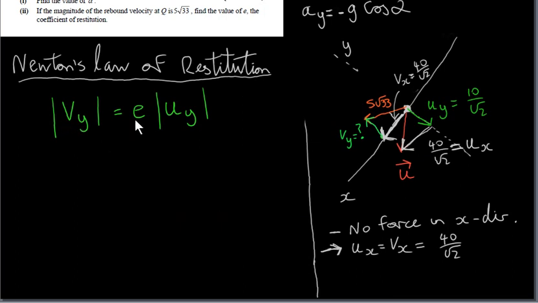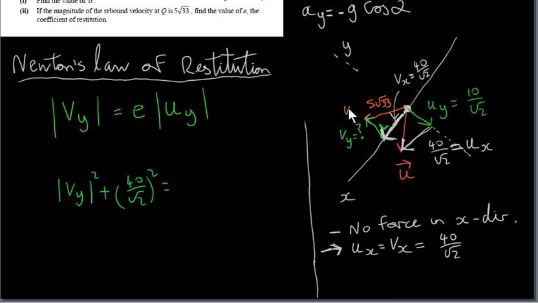So, how do we find E? Well, to find E, we need to find the magnitude of Vy, the magnitude of this vector here. Well, we have a right angle triangle here, and we can use Pythagoras' theorem to find the magnitude of Vy. We can see that the magnitude of Vy squared plus the magnitude of this vector squared, which is 40 over root 2 squared, must equal the magnitude of vector V squared.